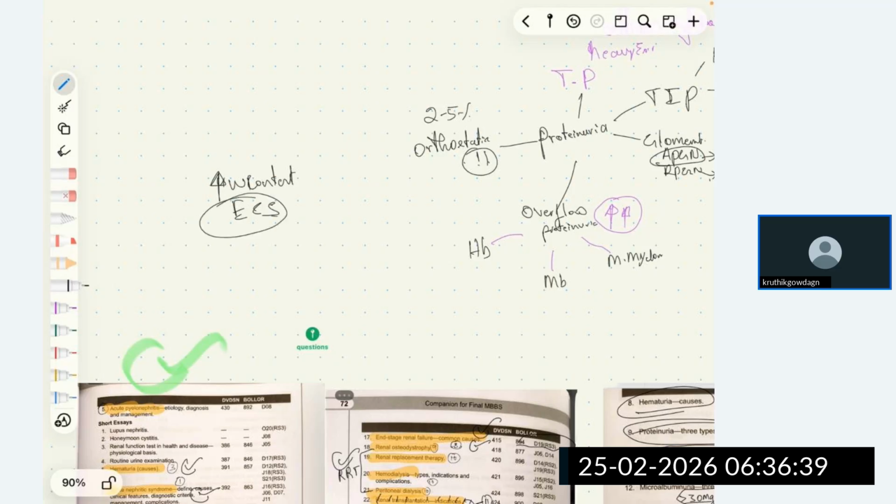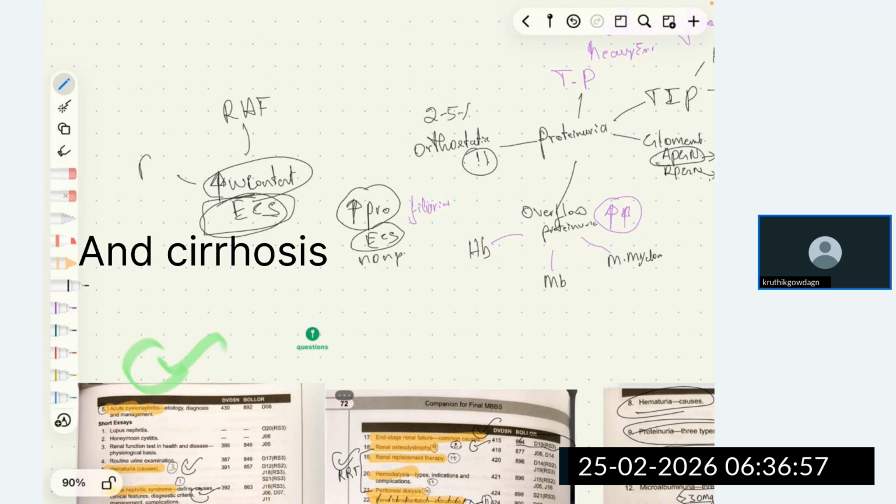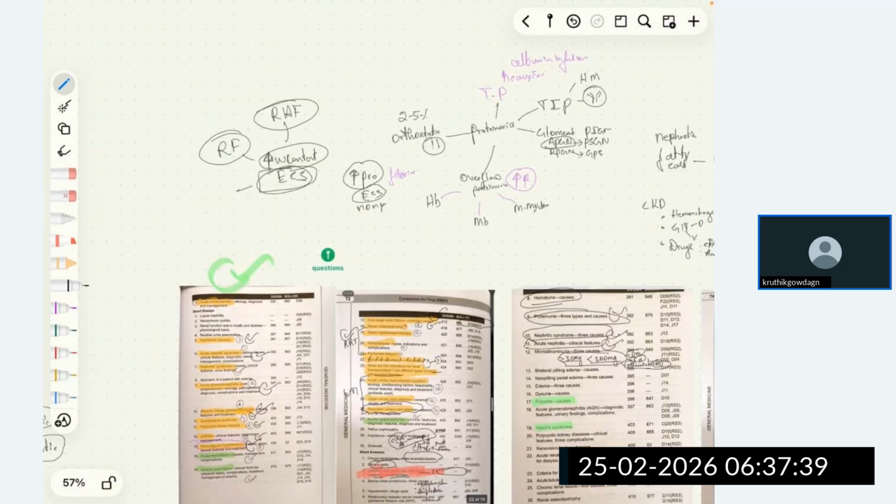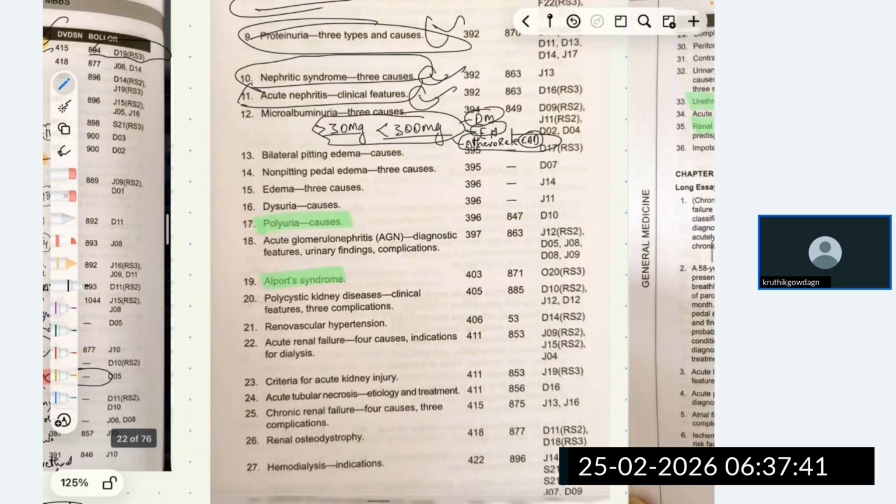If there is increased protein content in the extracellular space, it will be non-pitting edema, like seen in case of filariasis. So, increase in water content in extracellular space can be right heart failure, and also it can be other disease. This is about bilateral pitting edema.